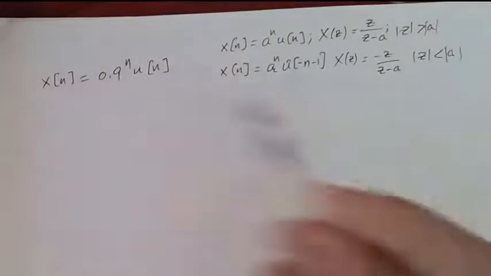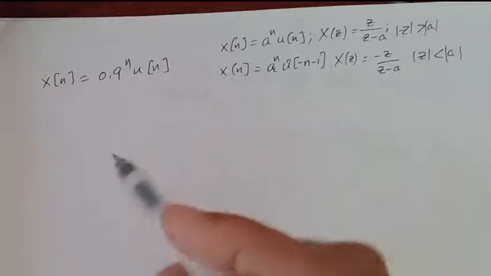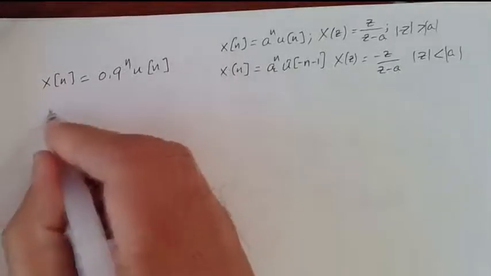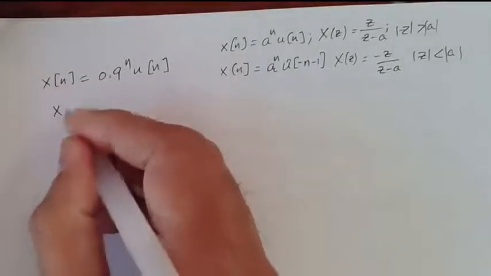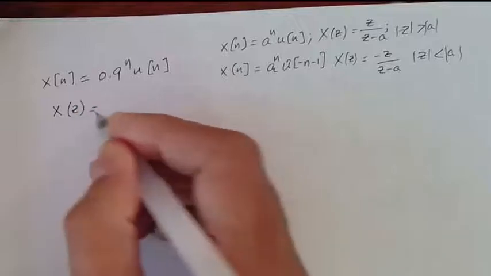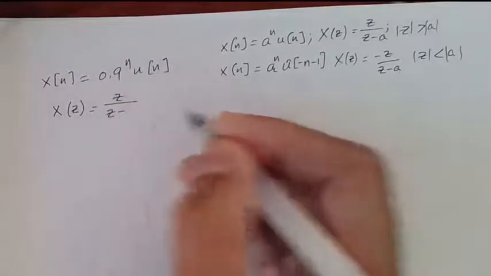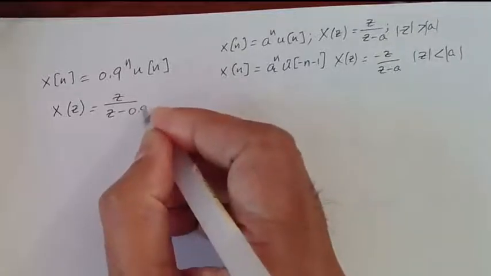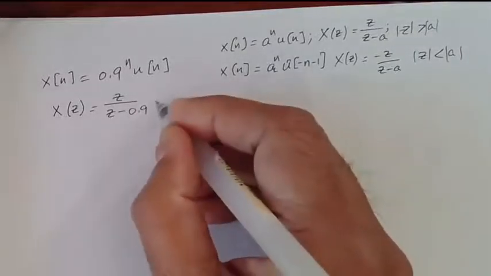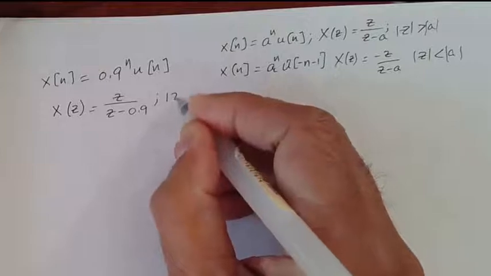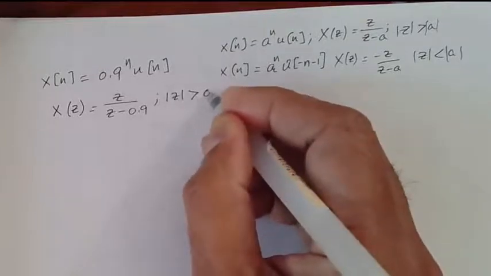Right, so those are our templates, and if I fit that into here, I can go through and actually do all of the calculations, but I can just as easily just write this. This is equal to z over z minus 0.9, and the region of convergence is magnitude of z greater than 0.9.